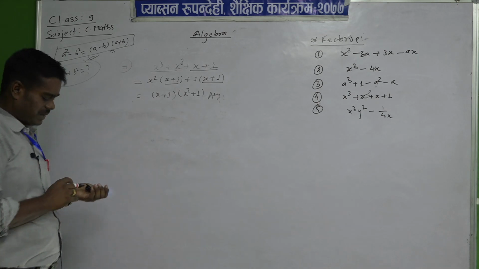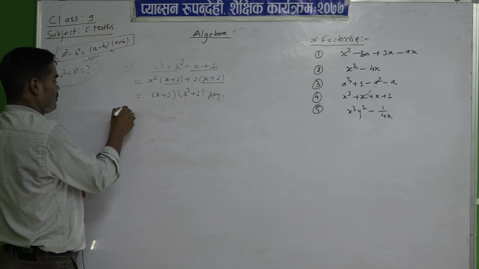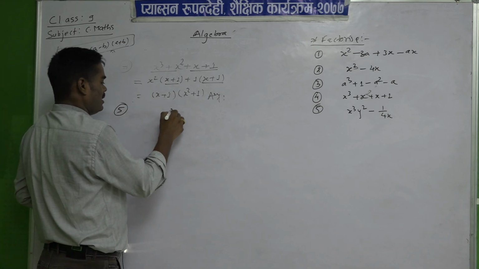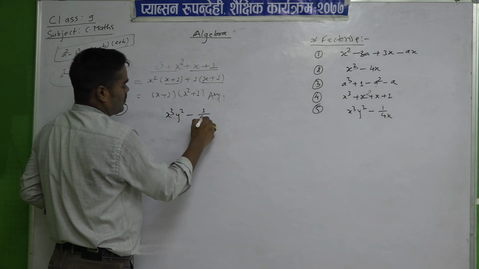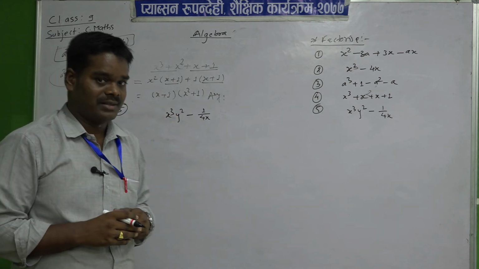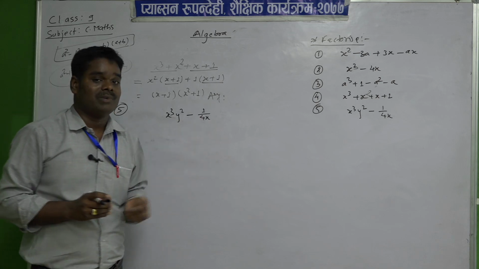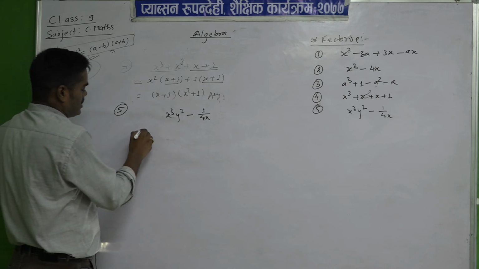Question number 5 is given here: x cube y square minus 1 by 4x. This is a binomial expression, but the last term is given in the form of a fraction. So first you always have to see what is common here.